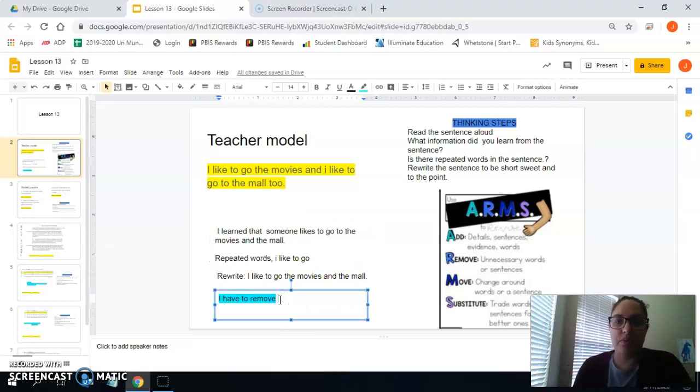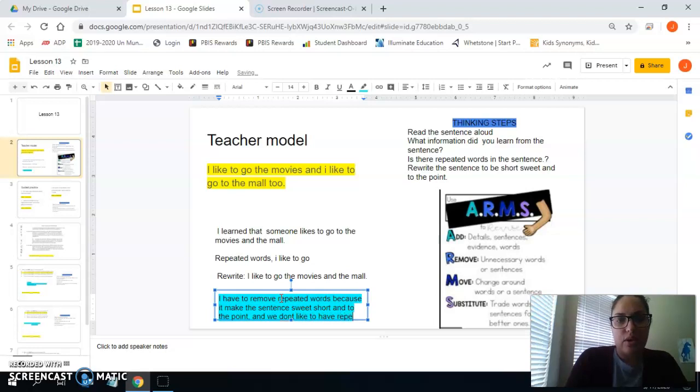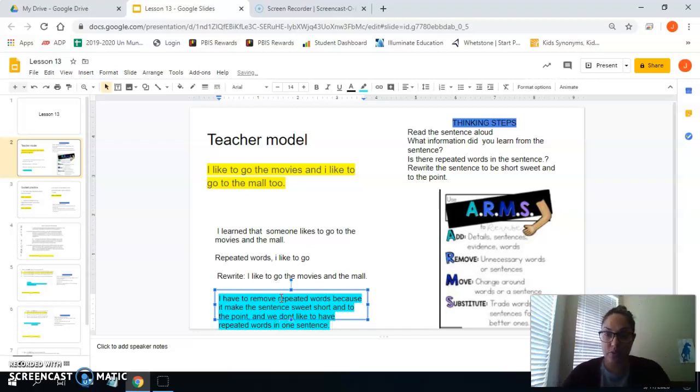I had to remove repeated words because it makes the sentence sweet, short, and to the point. And we don't like to have repeated words in one sentence.